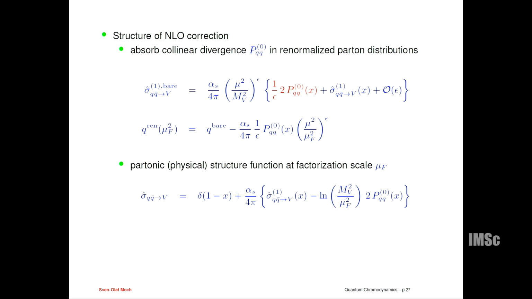And then we follow the same procedure that we devised for the mass factorization in the DIS case. So we take our bare quark distribution, and we subtract the same counter term here to get a renormalized parton distribution.